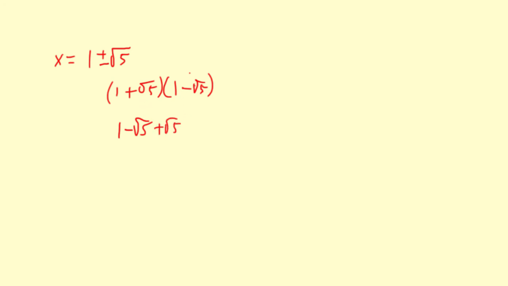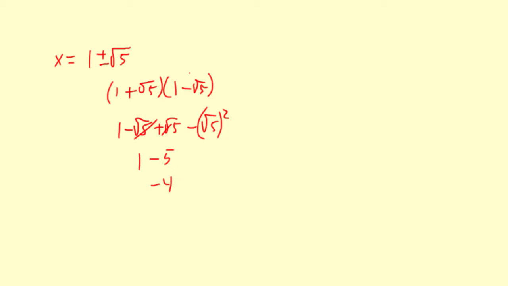And then square root of 5 times negative square root 5 is minus square root of 5 squared. Simplify further, 1 minus square root of 5 plus square root of 5, well that makes 0. So then you're left with 1 minus, and square root of 5 squared, well that's just 5 because it's square root 5 times square root 5, which makes square root 25. So that makes negative 4.